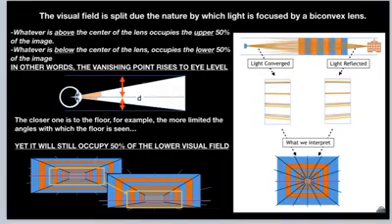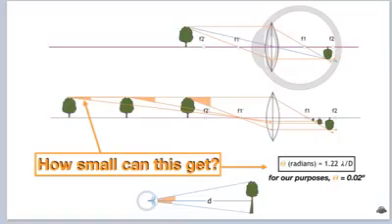So when we see an image, it's always inverted on our retina, and camera sensors and our visual cortex take this image and upright it again so that we don't see things upside down.